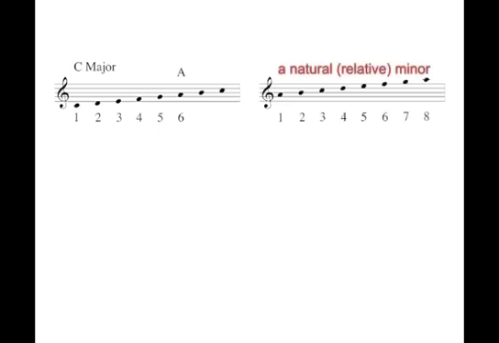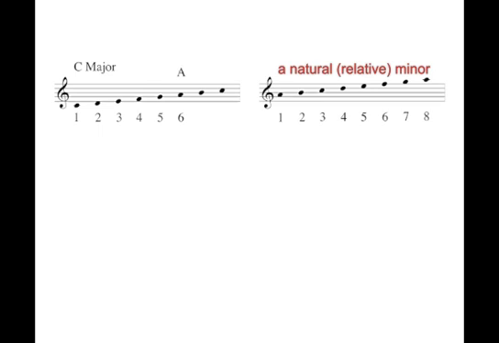A common question about natural minor scales, or minor scales in general, is what is the formula to build a minor scale? While we could come up with a new formula similar to the major scale formula, we don't do it this way because there's an important association we need to make.